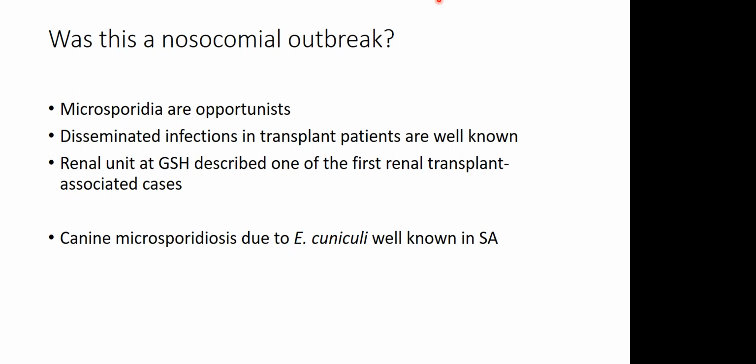So it doesn't necessarily mean that this is an ongoing risk in that unit. I don't know what the subsequent history of transplants there might be, whether they've had other cases.